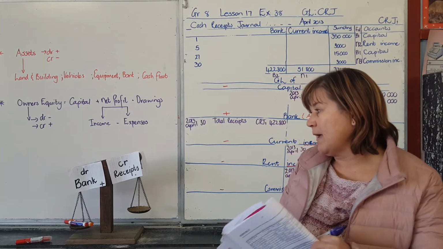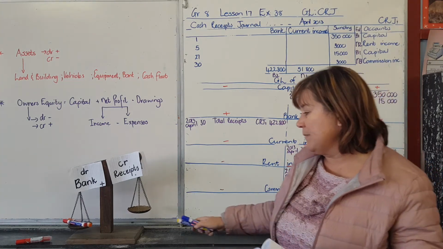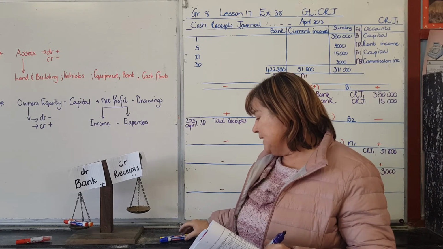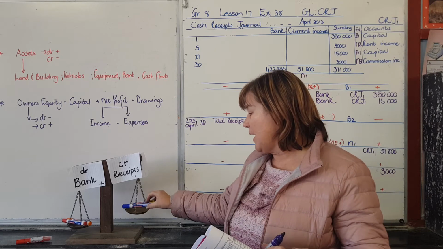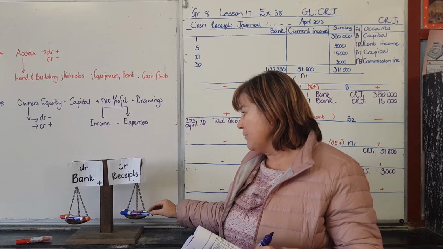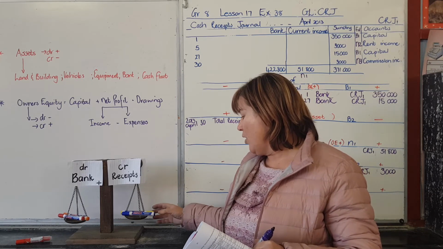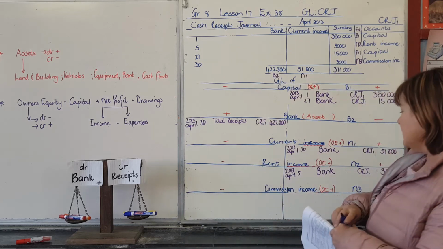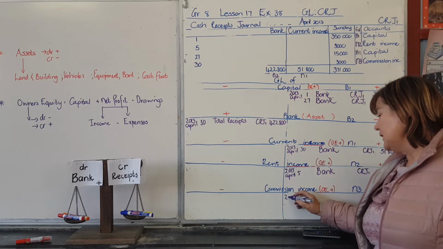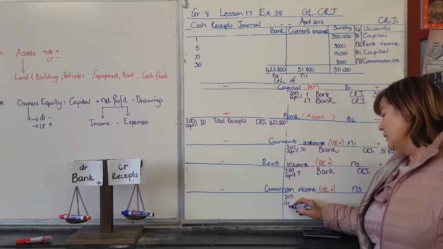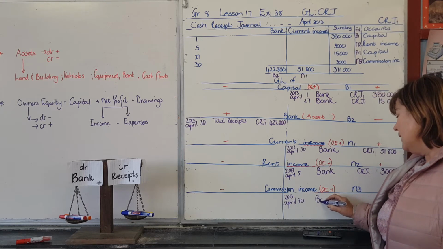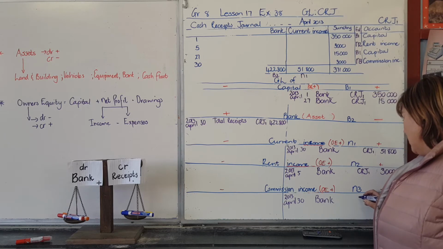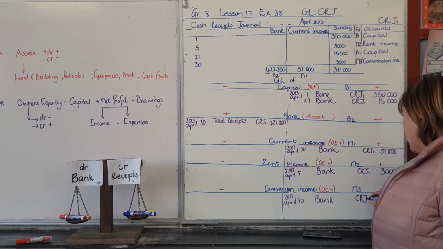So the bank was increased, the bank was debited, and your receipt is going to be commission income, and your commission income account must be credited with an amount of 3,000 Rand, 2013, April the 30th. We've received money, we've banked that amount of 3,000 Rand.